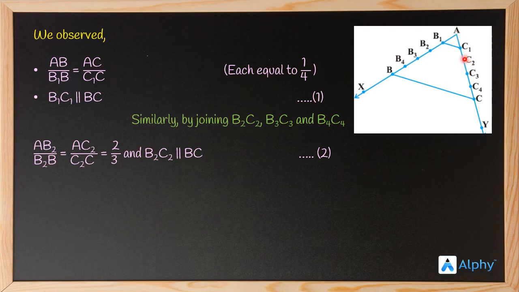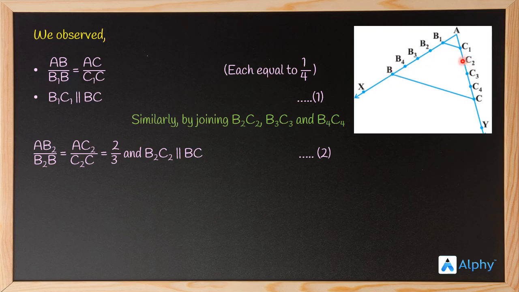AC2 and AB2 are given as 2 because between A and B2 we have the point B1 which has divided AB2 into 2 equal parts. Similarly, between A and C2 we have C1 and it has divided AC2 into 2 equal parts. Between B2 and B we have 2 points which have divided B2B into 3 equal parts.